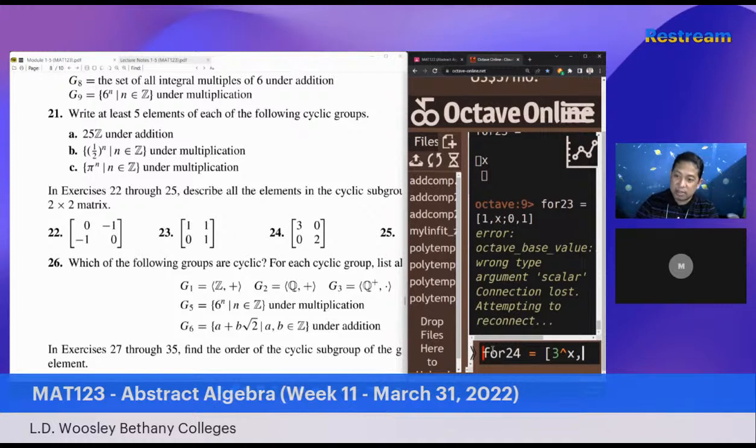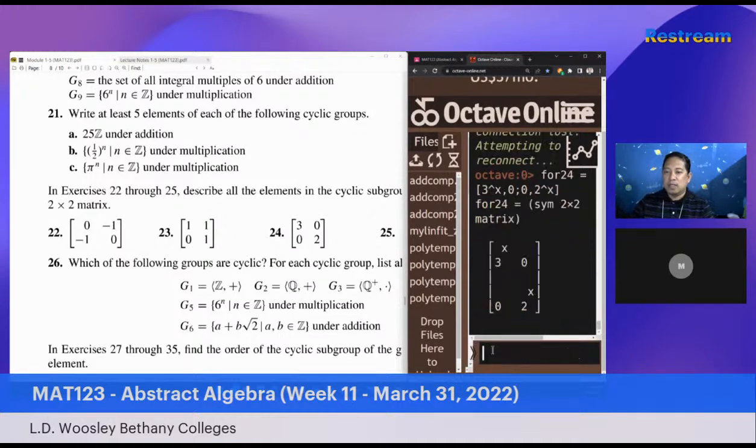So 3 raised to x, 0, 0, and 2 raised to x. It doesn't work in Octave, since x ranges over the values of a real number. So it also produces the identity element. It is symbolic, no? 3 raised to x, because x could be equal to 0, so it becomes the identity element again. Okay? So that's the pattern of the cyclic loop.